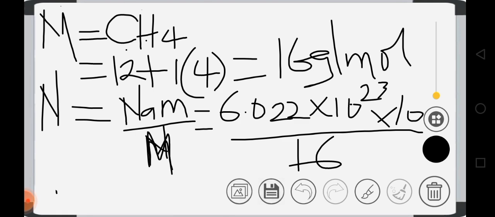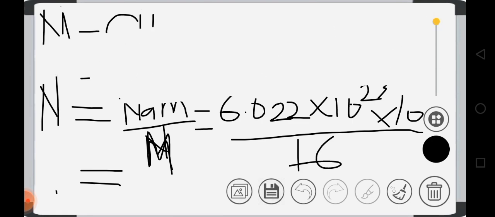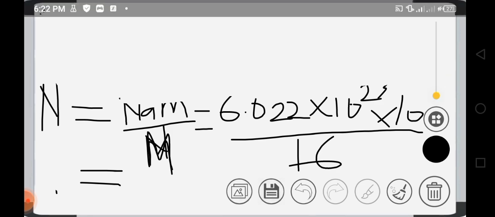So if you calculate this, let's see what we are going to have. The answer will be 6.022 times 10 to the 23. Try and do it with your calculator to see what you are going to have, times 10 divided by 16. So in this place, I'm having something very nice.